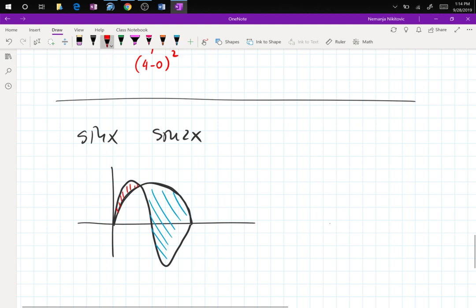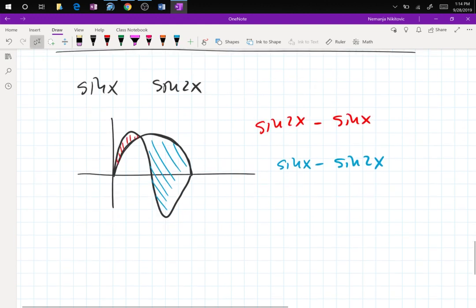The red one was sine 2x minus sine x in the integral, and the blue one was sine x minus sine 2x in the integral. Good example. You can achieve this in many other ways. X cubed.